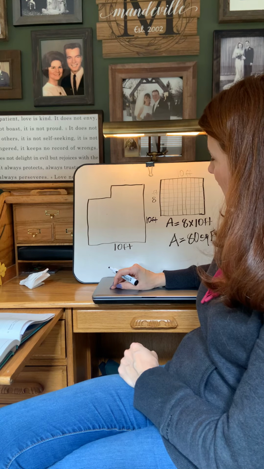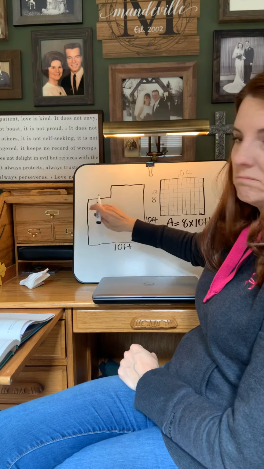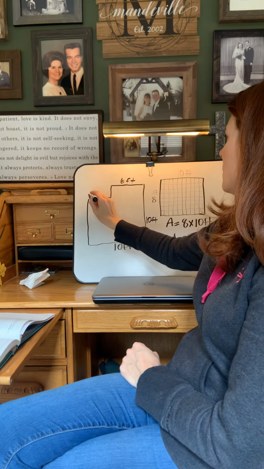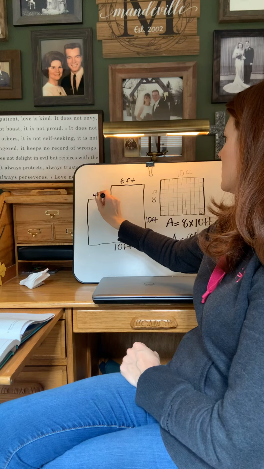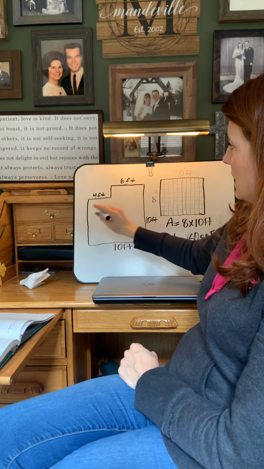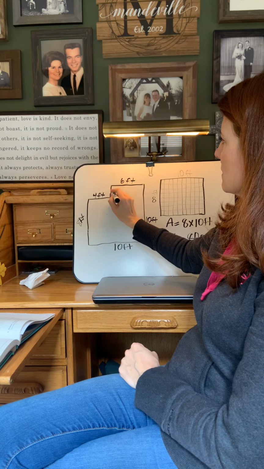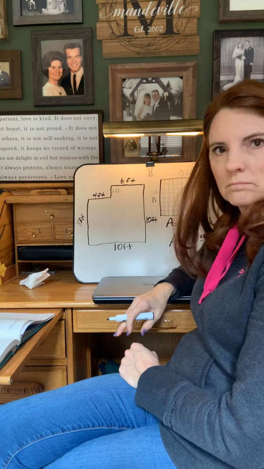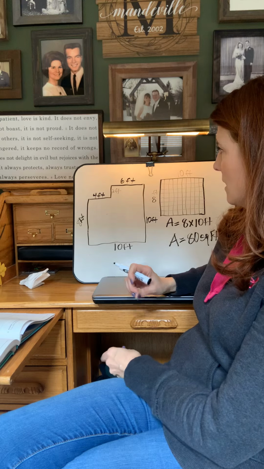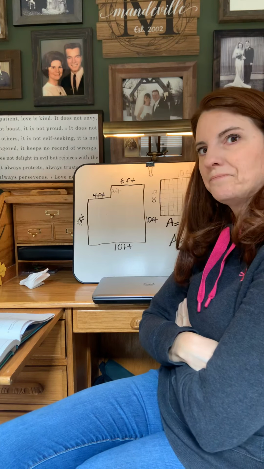What would we say? 6 feet, 4 feet? And then, let's see, 8 feet, 2 feet? Okay, so let's say that's how big his room is. What are you going to do to figure out the area of this room?